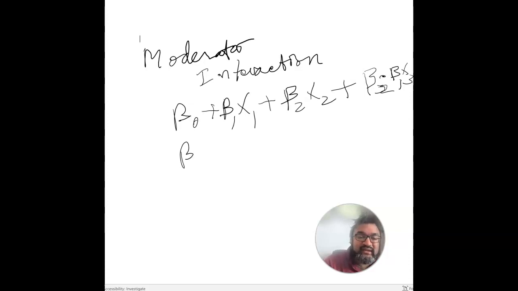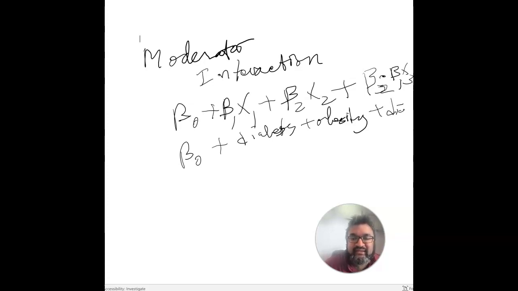Of course, beta naught stays the same, that's the intercept, and then you're looking at diabetes, and then you're looking at obesity, that's beta 2, and then you're looking at another coefficient that is diabetes interacting with obesity.